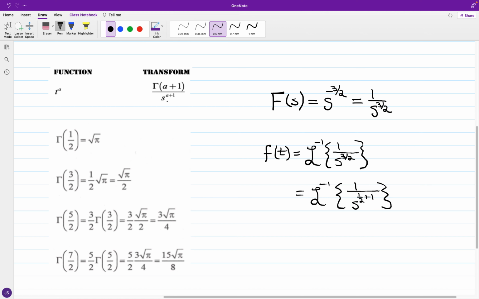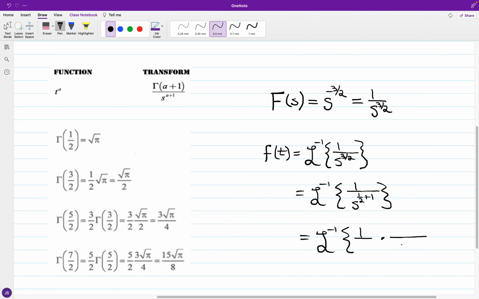So this is going to signal that a is equal to 1/2. And so, for what we're going to have in the mix, looking at partitioning, you've got your 1 over s to the 1/2 plus 1.